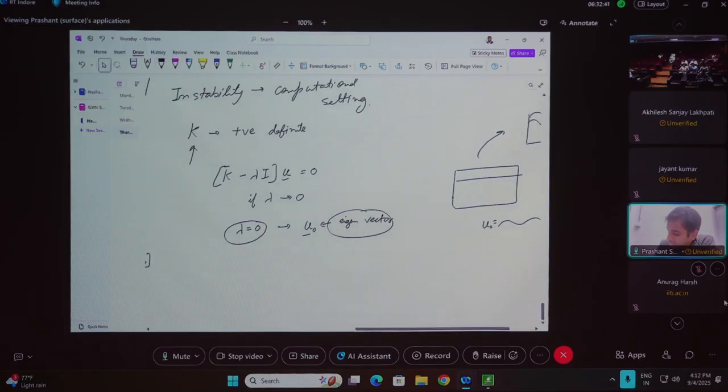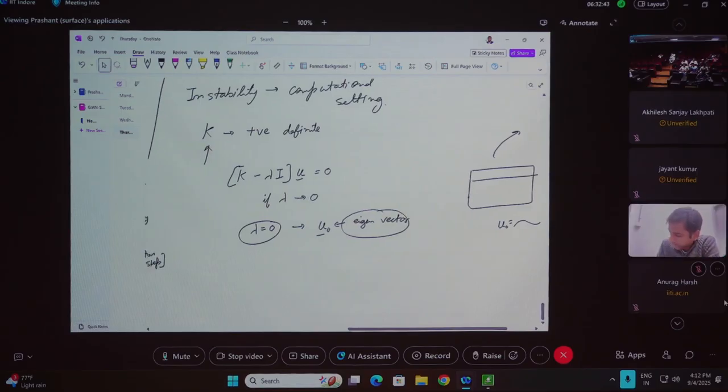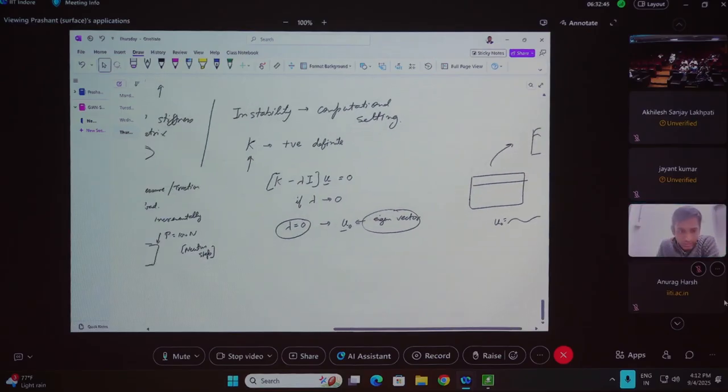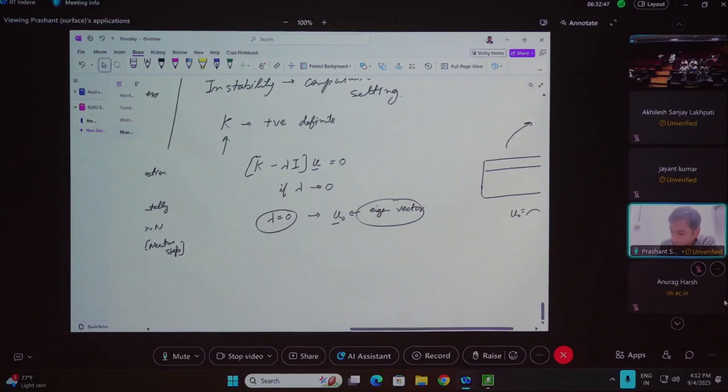So once you have reached the critical state where you know that the instability starts to appear, you calculate the eigenvector, and the eigenvector basically tells you the direction of bifurcation.